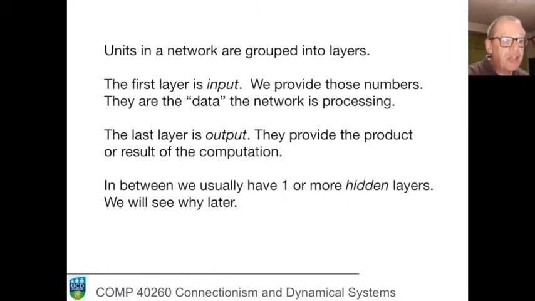They constitute a data set that the network is working with. The final layer is called the output layer of the network, and this provides the result of the computation. Between the input layer and the output layer, we usually have one or more so-called hidden layers, and we'll see the reason for these as we go along.